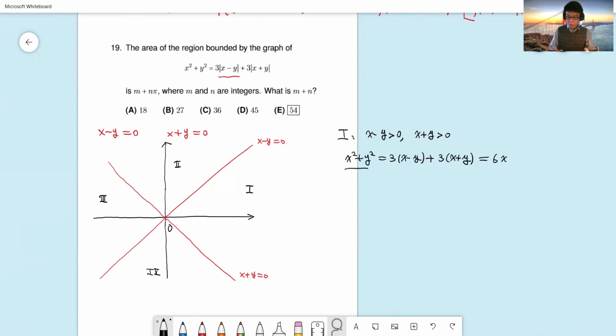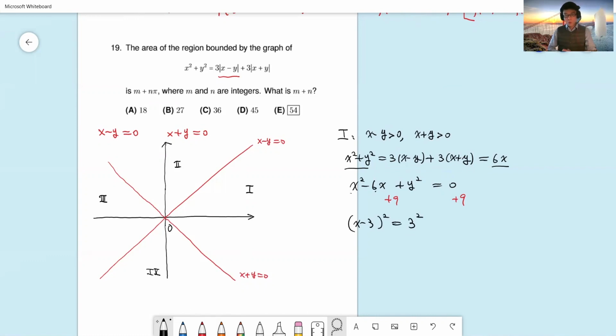Then we can complete the square. Sorry, x squared minus 6x plus y squared equals 0. So we add a 9 on both sides and then we can complete the square. So (x minus 3) squared plus y squared equals 3 squared.